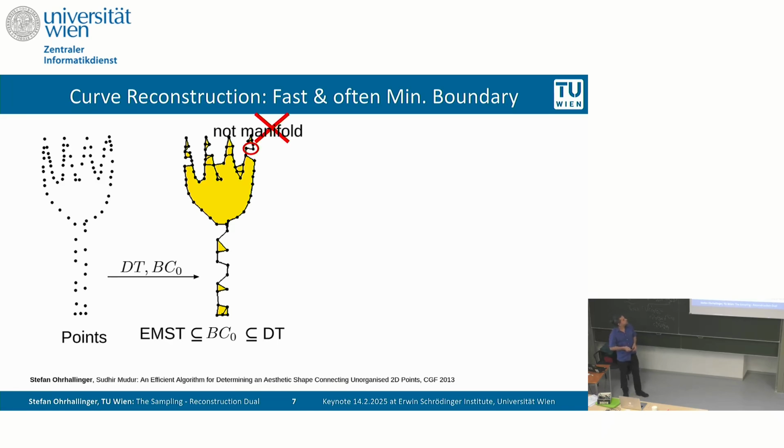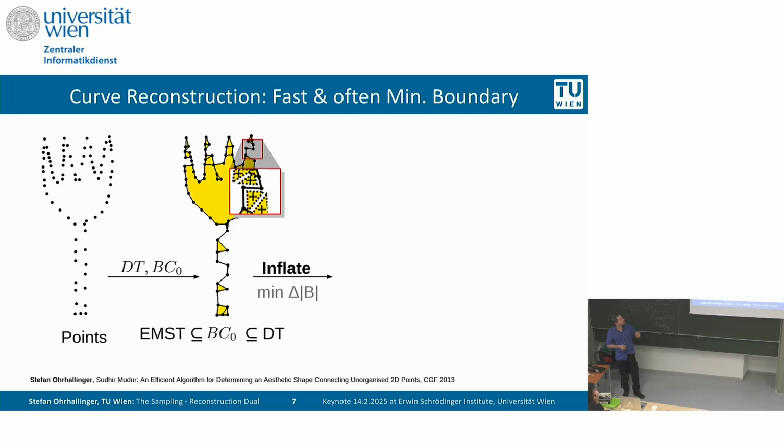But then, for example, this here is not manifold. It's squeezed together. So what we do here, we apply an operation that we call inflating. We add triangles from the Delaunay triangulation with minimum boundary length until we get something that is manifold. But we still have points inside.